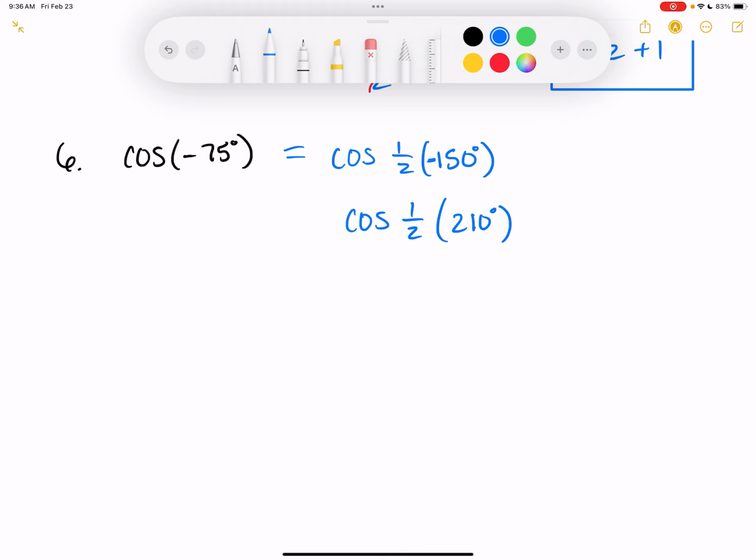Now, sine and cosine are the ones where I have to figure out if it's positive or negative based on where my original was. So is the cosine of negative 75 positive or negative? So basically in quadrant 4, is cosine positive or negative?